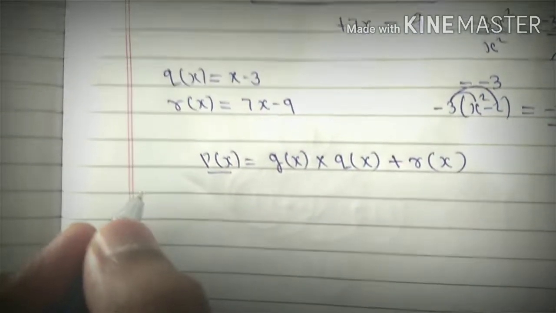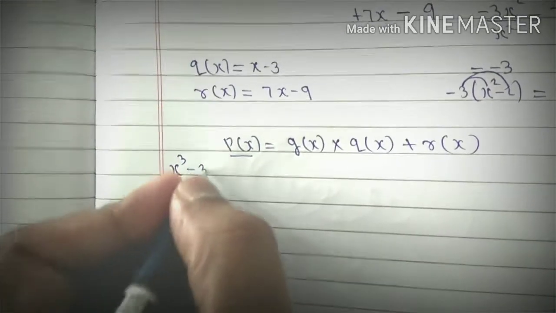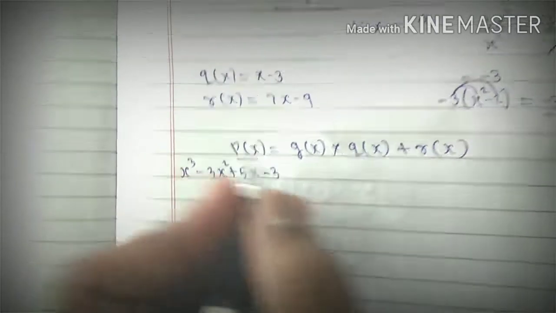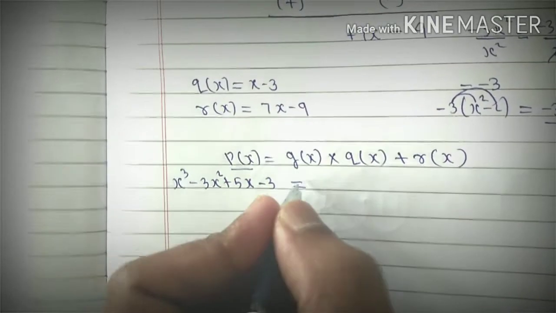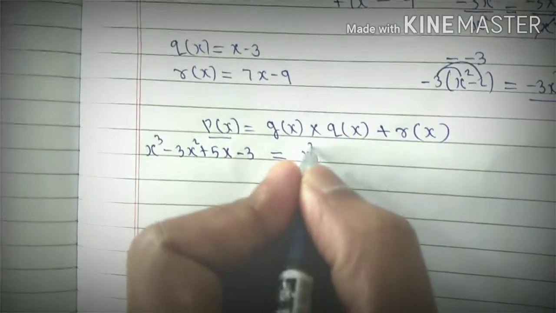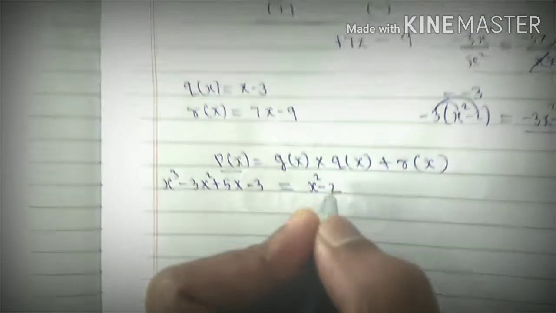I have to write this dividend over here as p of x, that is x cube minus 3x square plus 5x minus 3 is equal to g of x. I will write x square minus 2.